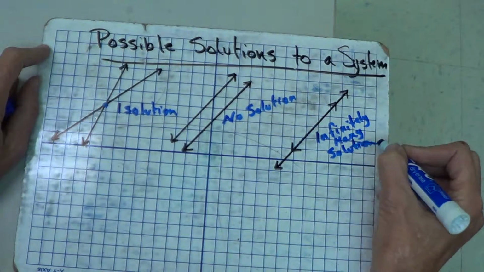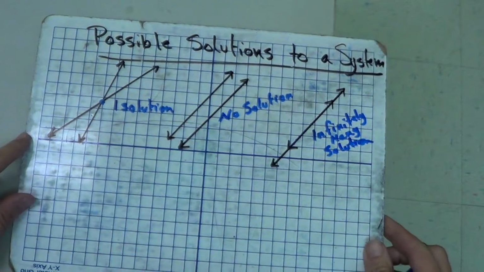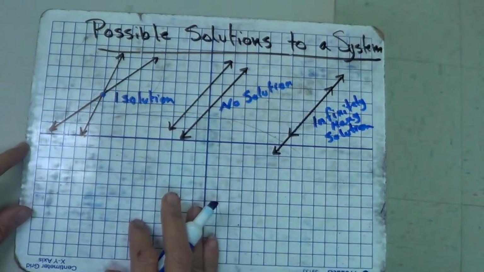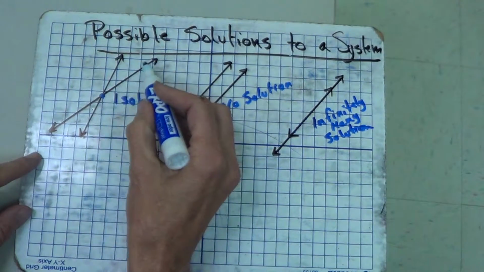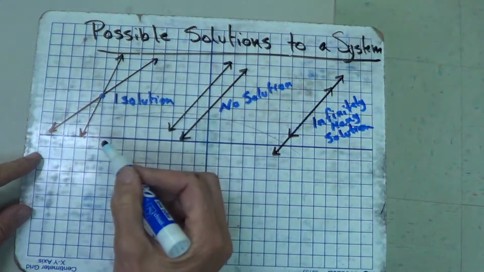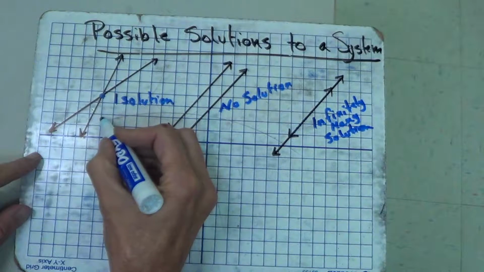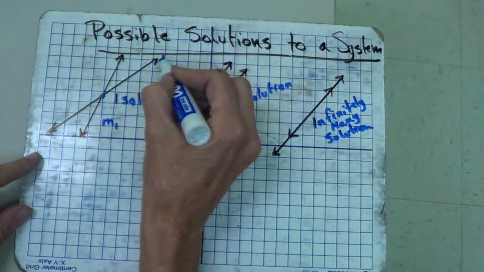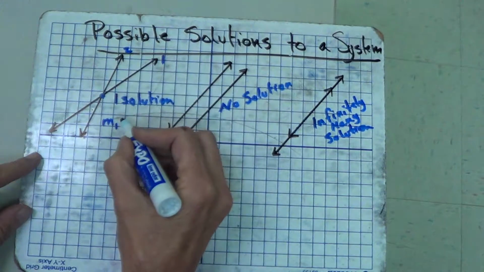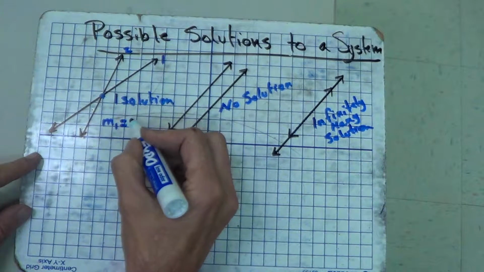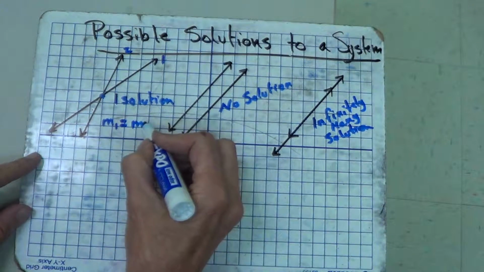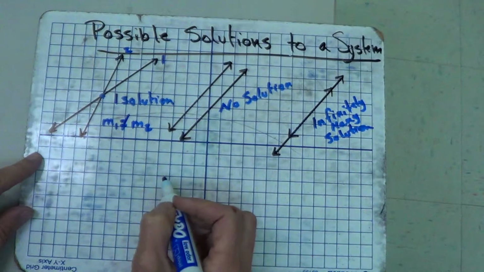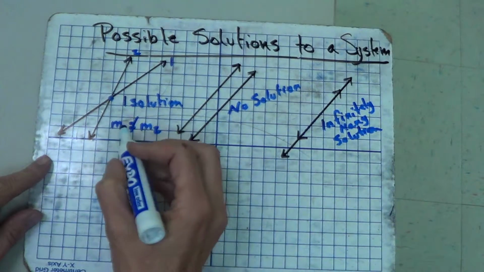Okay, now I want to just add to your notes, pause as you need to. You notice on this first graph that the rise and the run is different. That's always true. Their slopes are different. So if this is line 1 and this is line 2, the slope of line 1, m1, is different from the slope of line 2. They're not equal. That's always true. Okay?